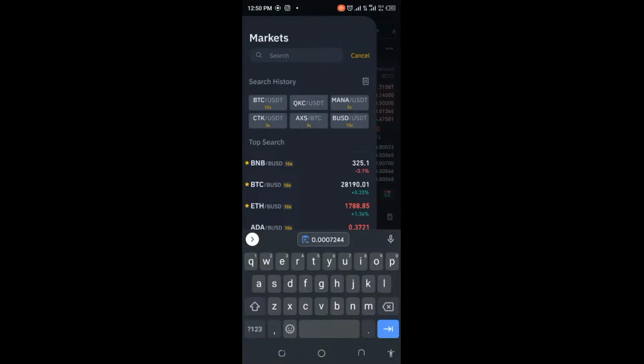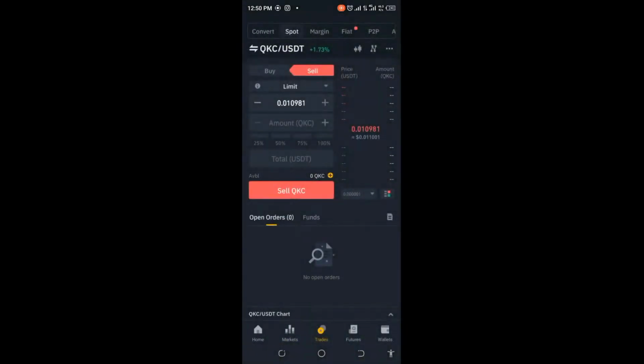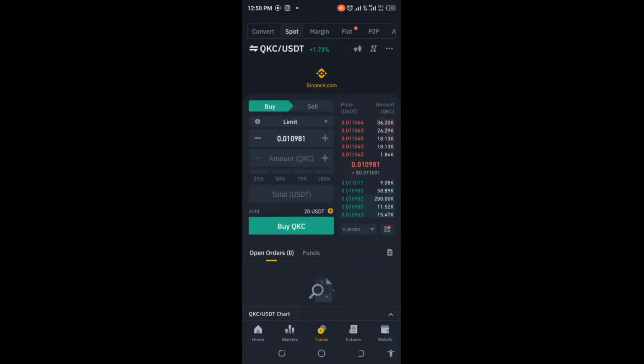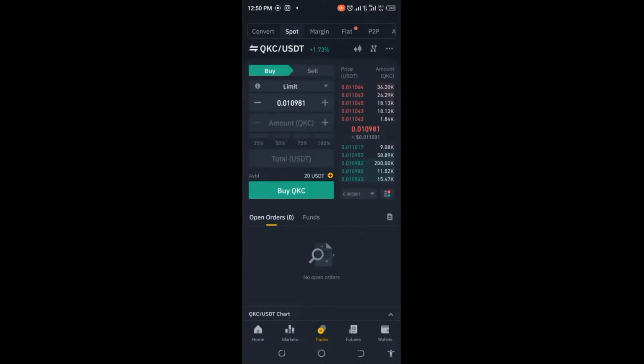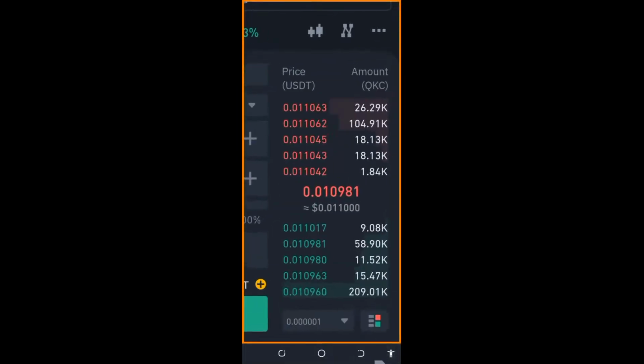I mean, you may feel that I'm wasting time doing this, yes, but these are the calculations we need to do, because if we do not do that, that's how losses happen, okay? That's how losses happen. So what are we going to do here? QKC USDT. Let me reload that again. Okay, and see, I'm just going to use all the market order prices.